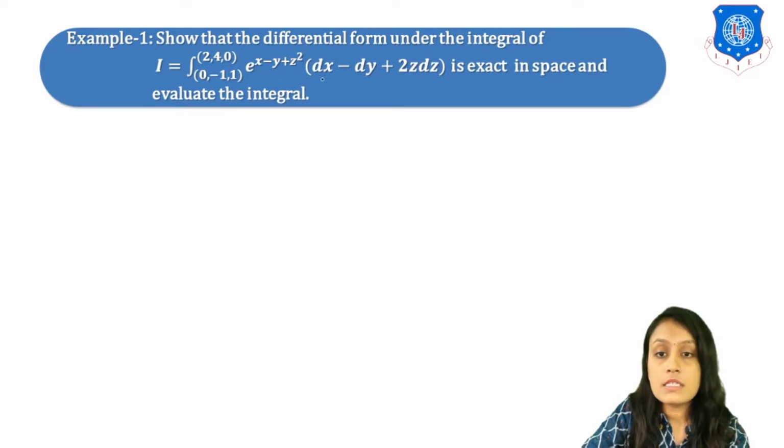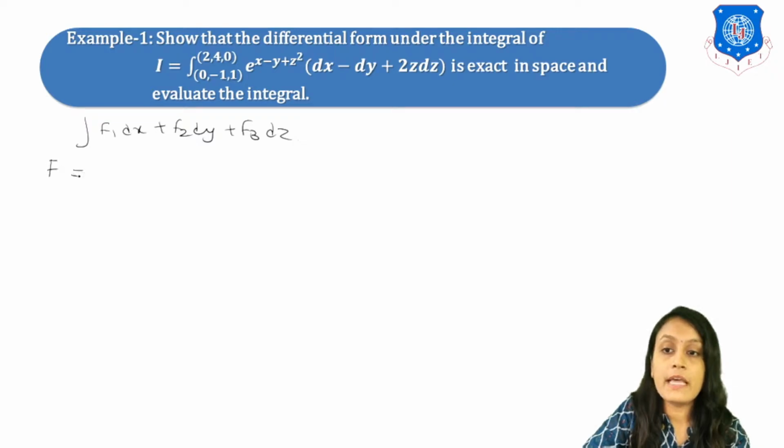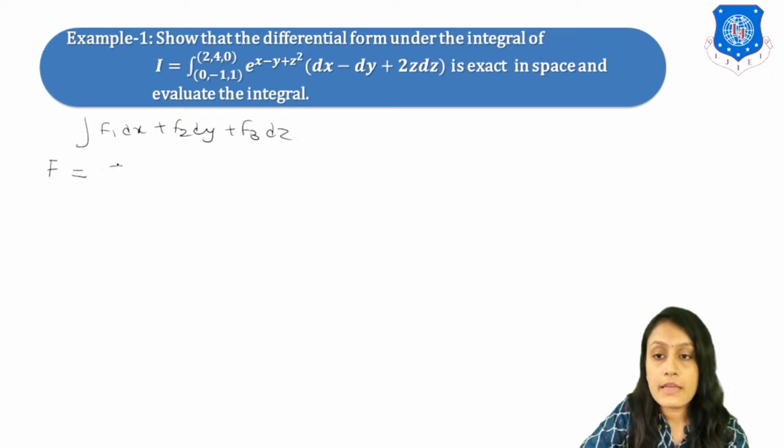Here the integration is given, and every time the integration is like this, f1 dx plus f2 dy plus f3 dz. In this form, first we have to write f. F is f1 i plus f2 j plus f3 k. Now just multiply this inside.